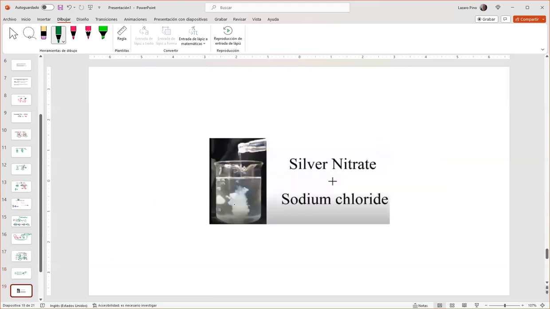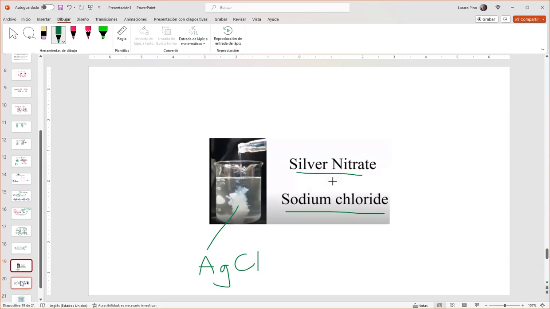And the following one is when you have silver nitrate combined with sodium chloride and it produces a solid that is silver chloride. This is a precipitation reaction.